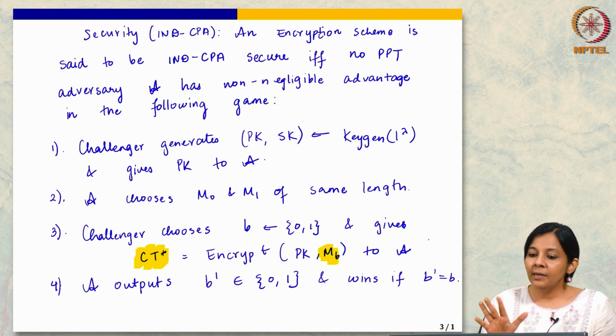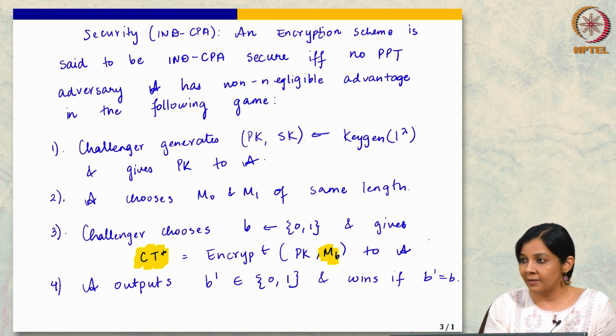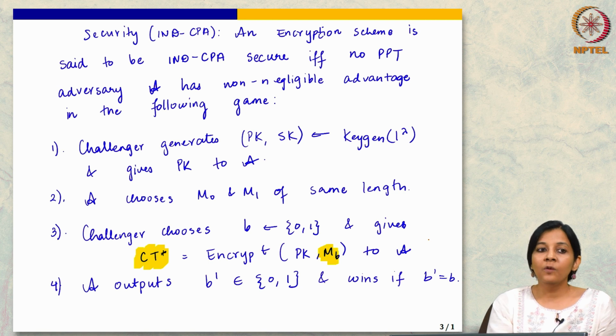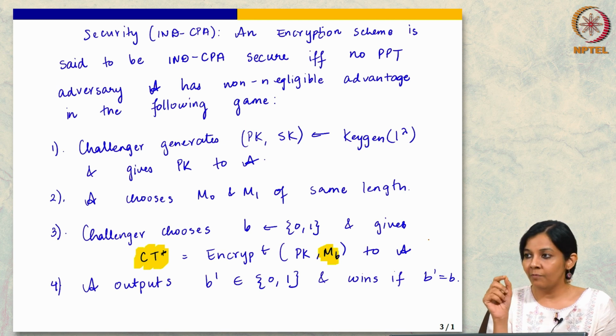And I just need a little bit of care to argue that if the attacker wins in the game, if it guesses the bit b correctly, then I can also say that the DDH tuple I received would have been the real tuple. It would have been not from the random distribution, but from the g to the ab distribution.